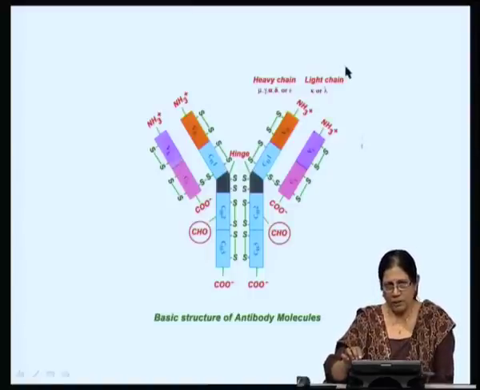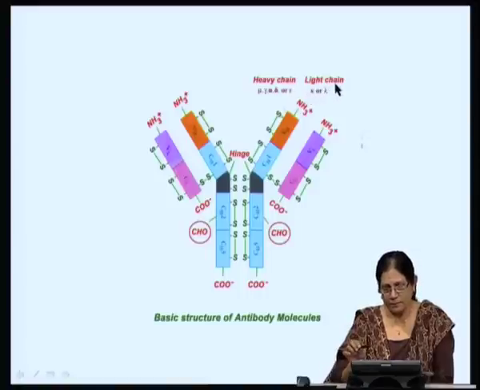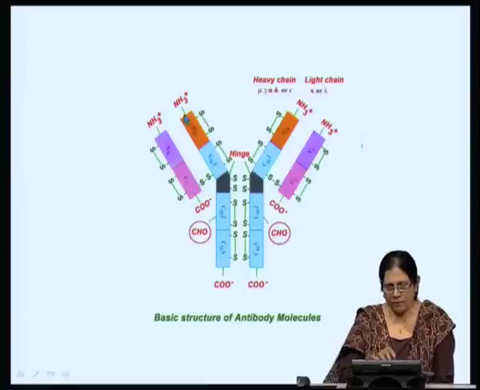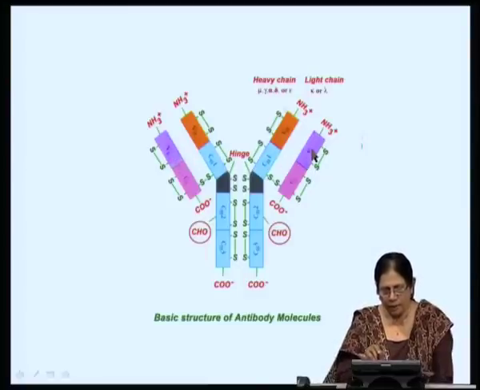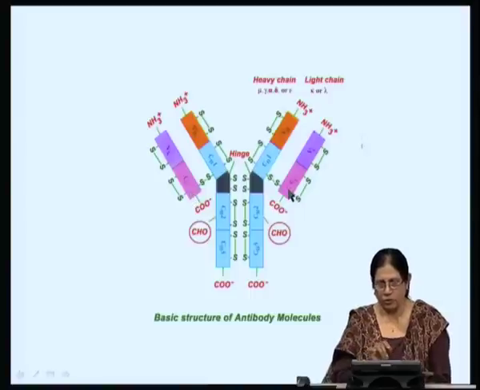The light chain can be either kappa or lambda. It is important to know that apart from the heavy chains being identical to each other, even the light chains would be identical, not only with respect to the variable domain, but also with respect to the constant domain.